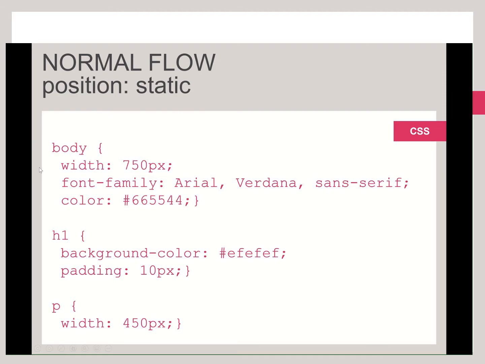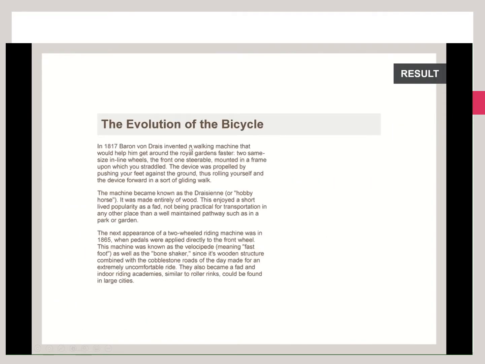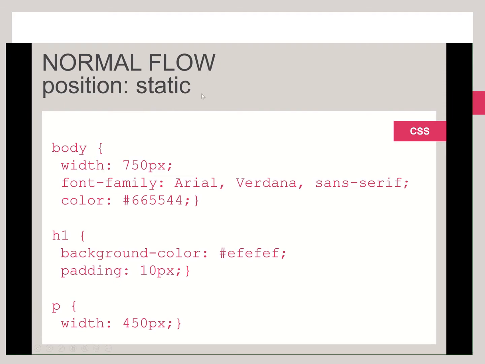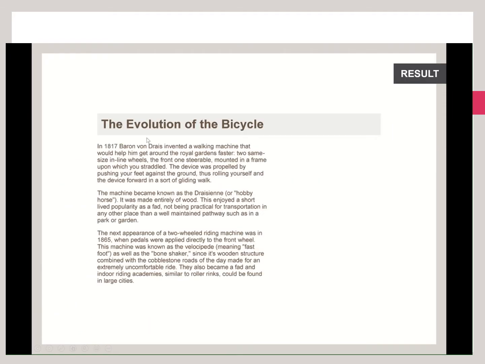We don't set the position, but it has the font color, background color for the heading, and padding for the paragraph, so it shows in this way. That's the normal. If you add position static, it will be the same.